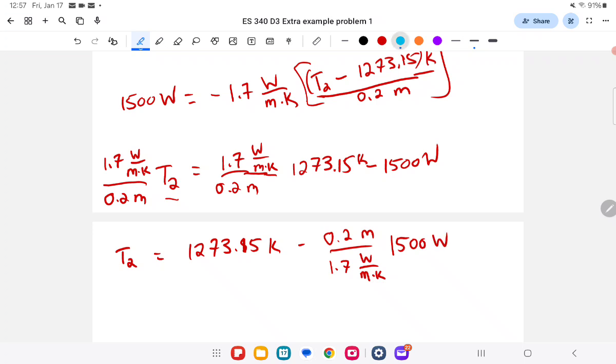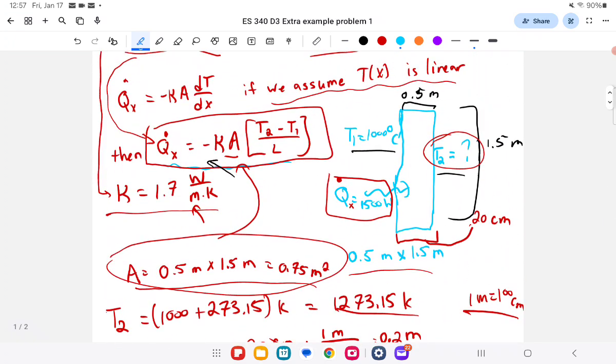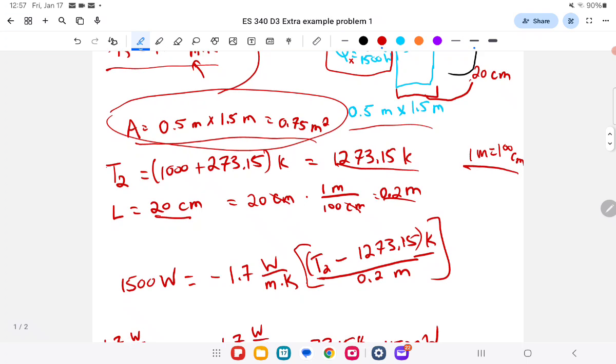Now notice that the units here are going to cancel. The meters, those are going to cancel. And then those are going to be square meters. I forgot one term actually, didn't I? I forgot the area. So I need to multiply that over here.